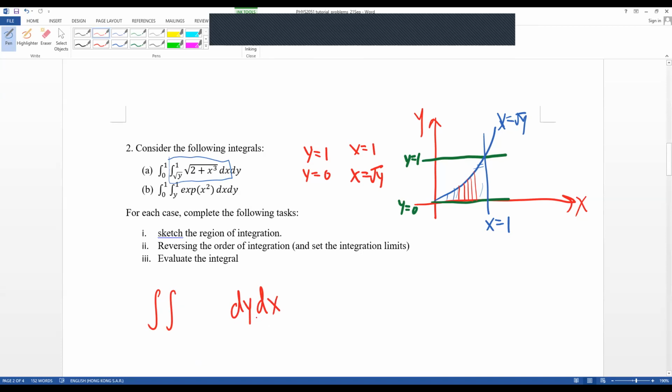For y, that means we are considering a particular small bar here. So I want to first find out the lower limit and the upper limit. The lower limit is always 0. And then for the upper limit, at a particular value of x, y is equal to x squared.